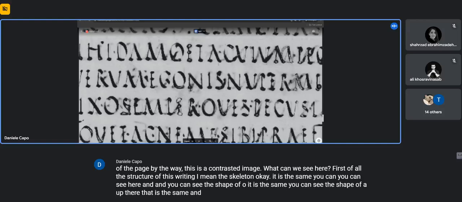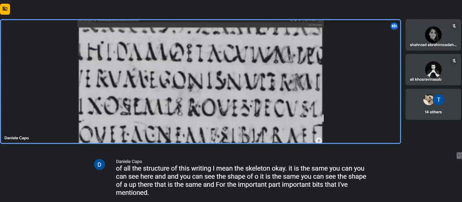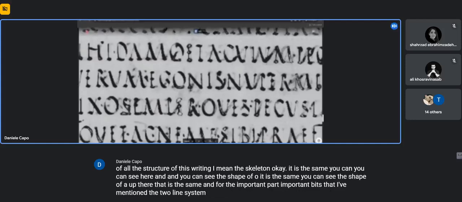And for the important bits that I've mentioned, the two-line system, we recognize here a strong alignment in this two-line system.